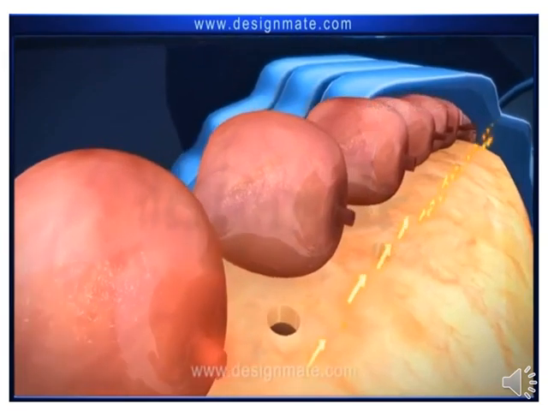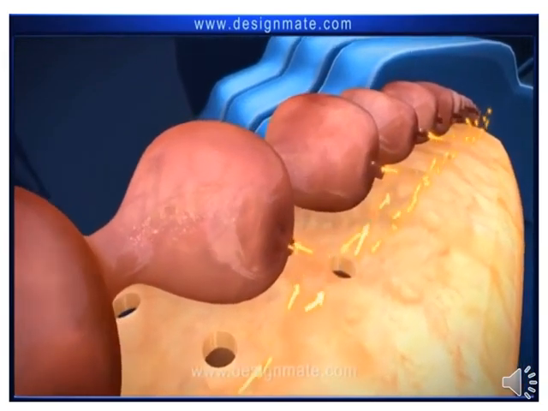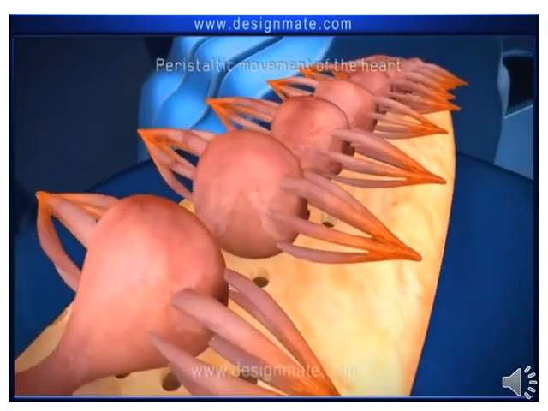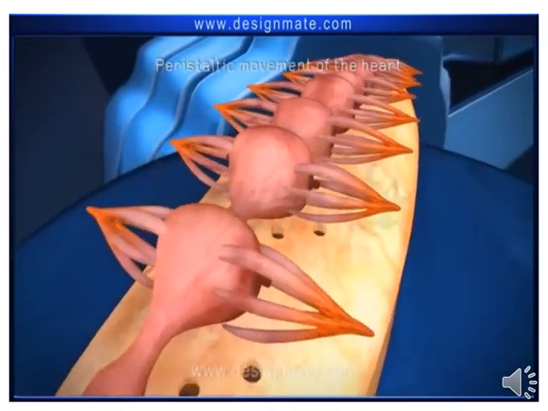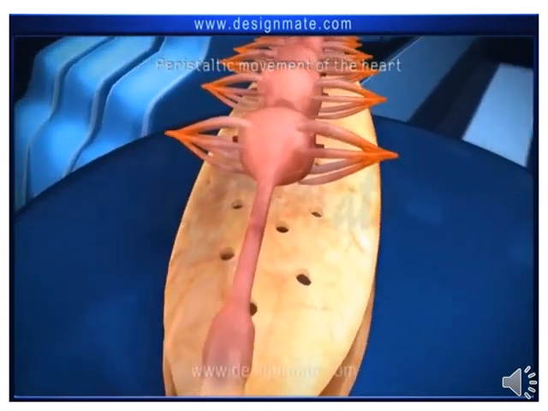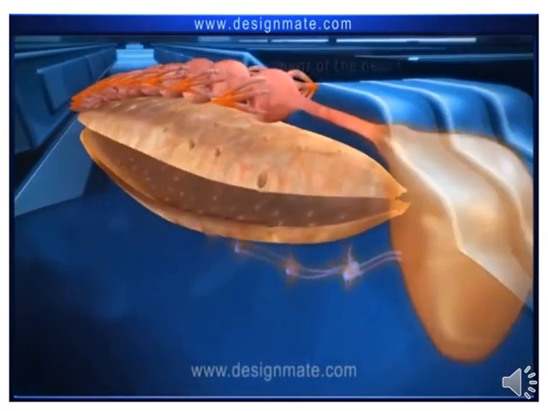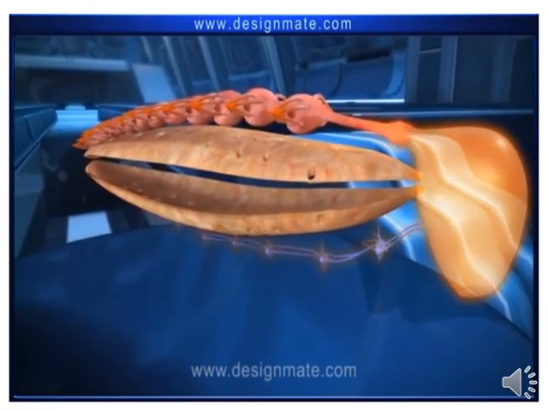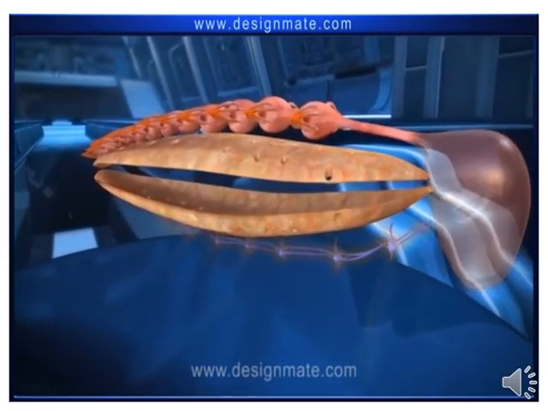The valves allow the flow from the pericardial sinus to the heart and not vice versa. The peristaltic movements of the heart chambers carries the hemolymph from posterior to the anterior end into the head sinus, from where it returns to the perivisceral and perineural sinuses.